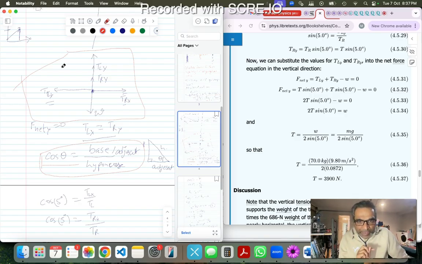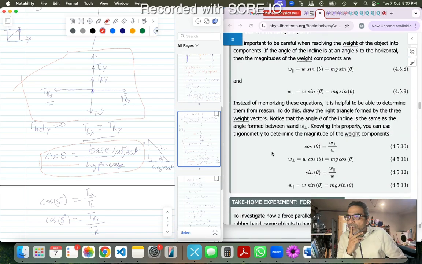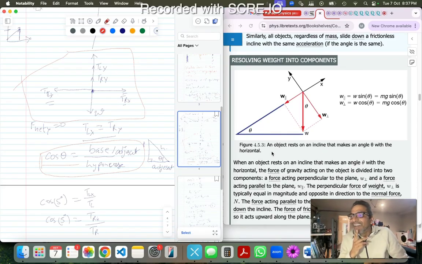As on the slope, we need to get the parallel component, which is the W parallel, the sine theta one, right? It's too complicated for you at this moment.